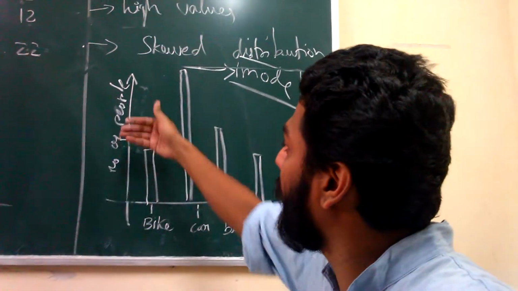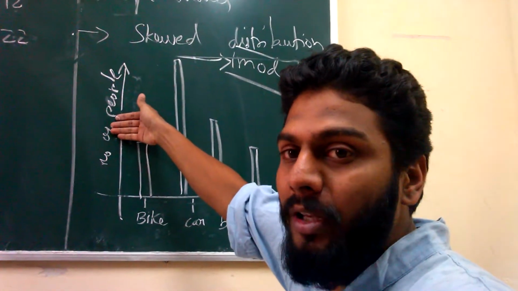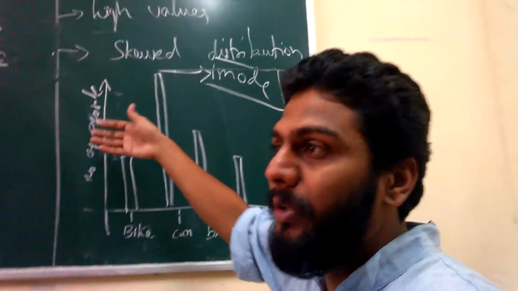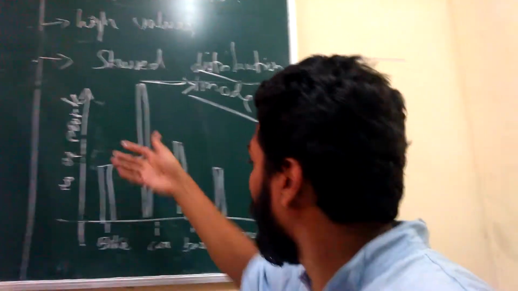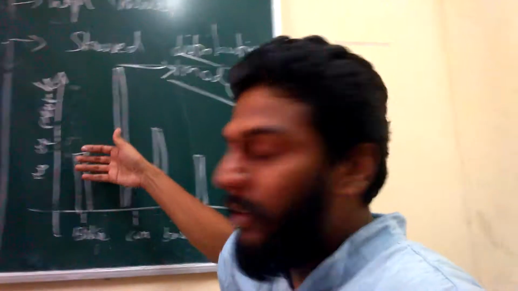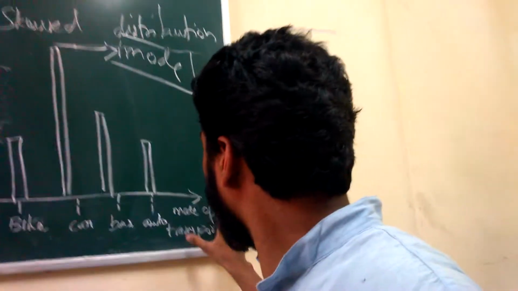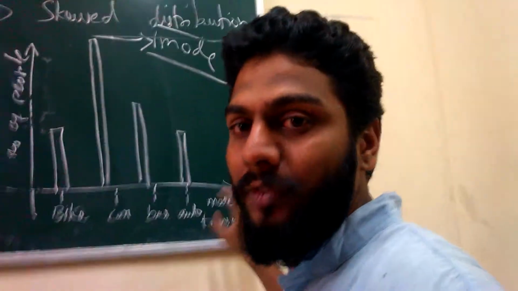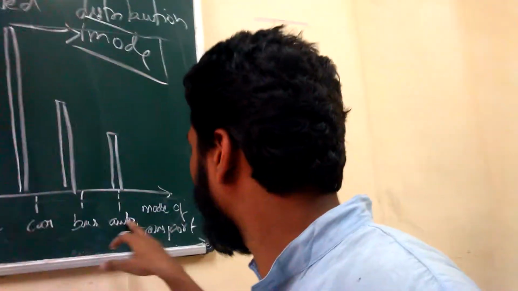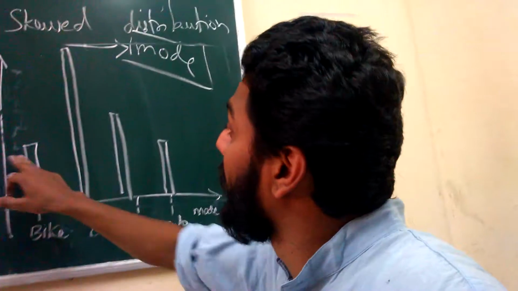I've plotted a graph on which I have the number of people that I have spoken to, and I've asked people, what is your preferred mode of transport? And I put bike, car, bus and auto, right? And then I plot on the y-axis the mode of transport, that is these 4 different types.